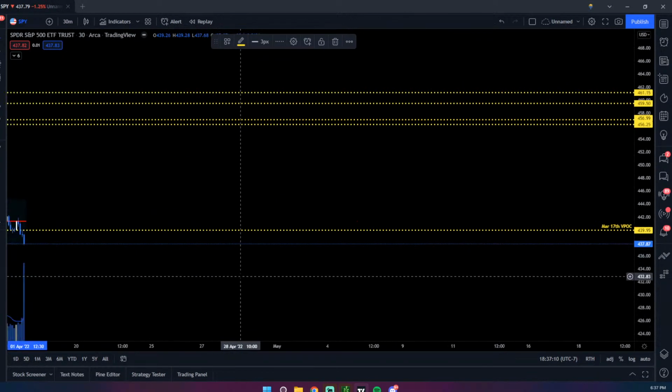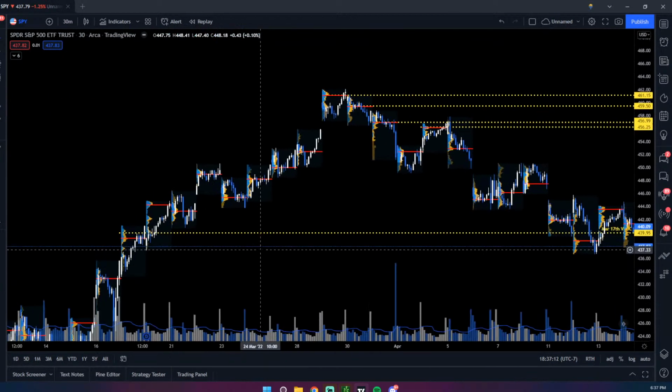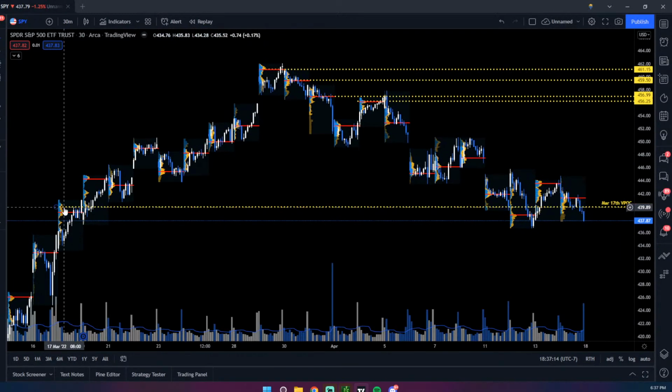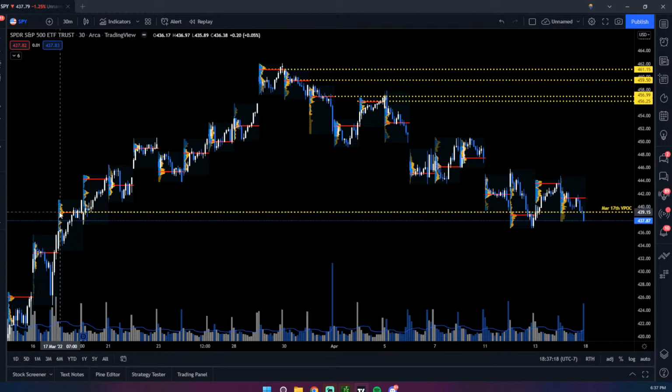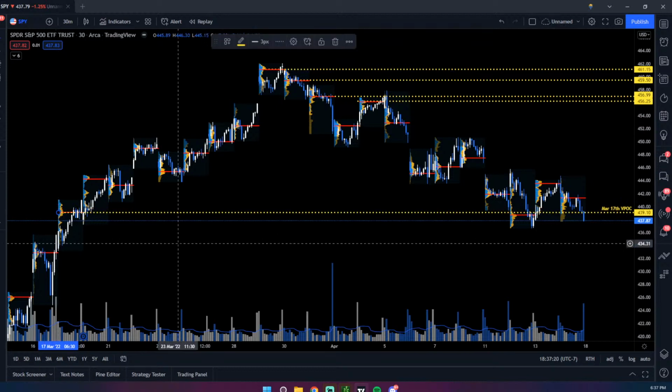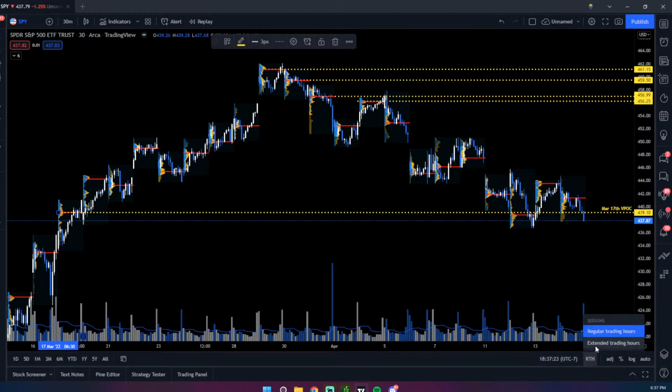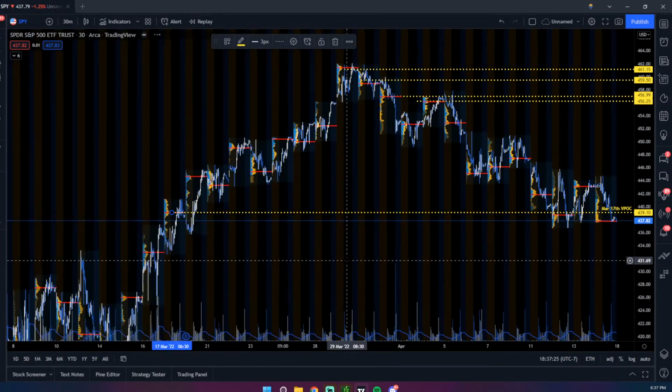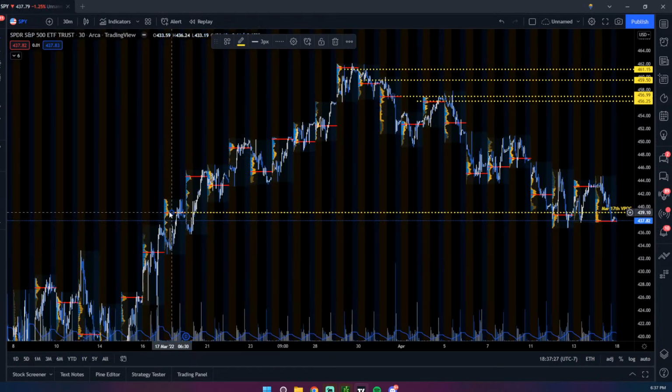Sorry about that, everybody. So you want to chart these on a 30-minute chart. So now you can see, now that I switched to a 30-minute chart, they've moved, but that's correct, which is a good thing for me to point out. Regular trading hours and extended trading hours, they don't really move very much.